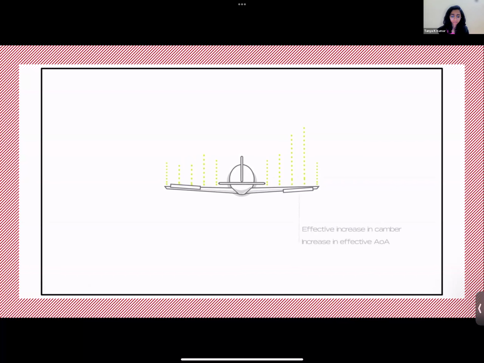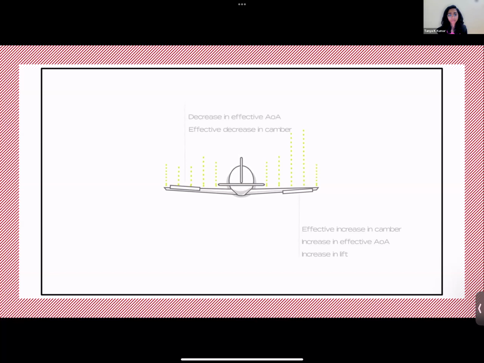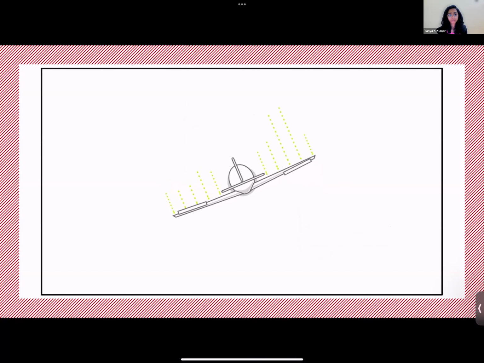The lift from that section of the wing increases. Deflecting the left aileron up causes an effective decrease in the wing's camber and a decrease in the effective angle of attack. The lift from that section of the wing reduces. The primary effect of aileron deflections is a roll.